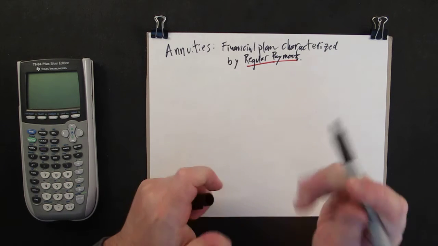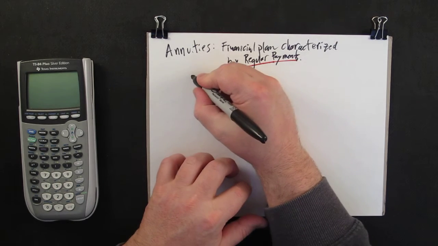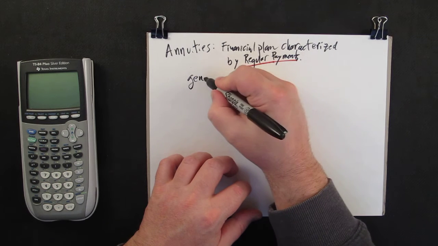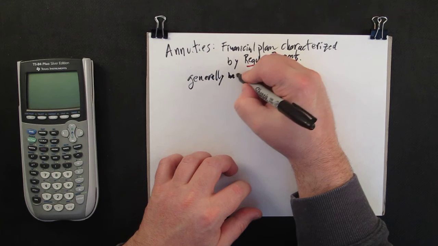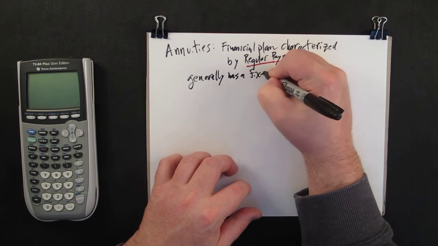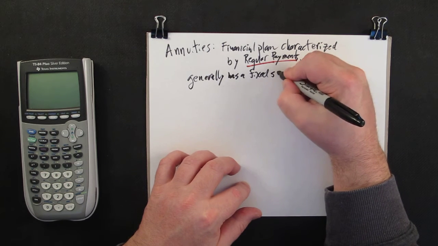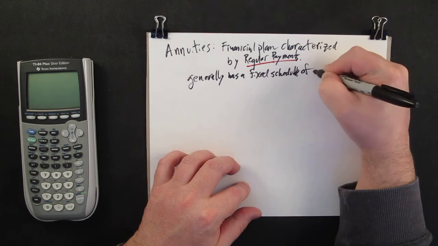So generally these are going to have a fixed schedule. They start getting a lot more complicated if they don't. So generally a fixed schedule of payment.